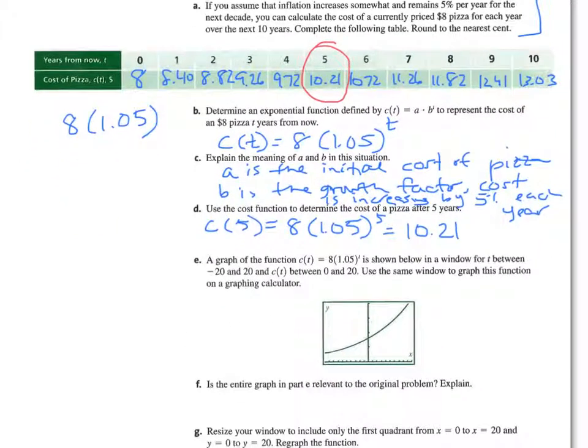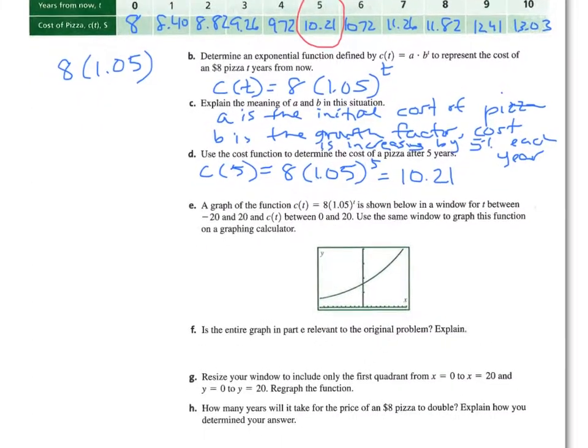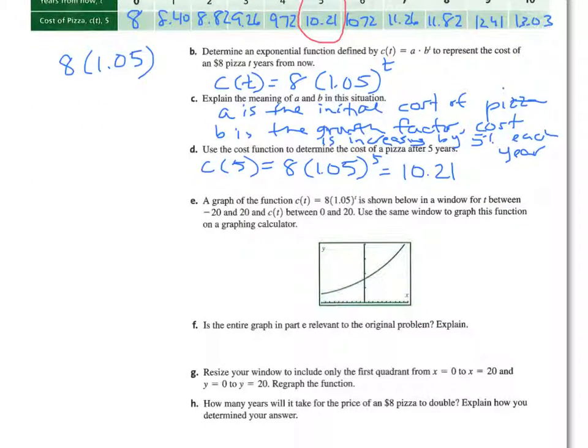All right, so then they are doing this graph for us. They have that graph into y1, and they did this over negative 20 to 20 on their x's. Okay, so they're asking us, is this relevant to the original problem? So for this particular problem, we're talking about number of years and the cost of the pizza. So really, we only care about this part of my graph.